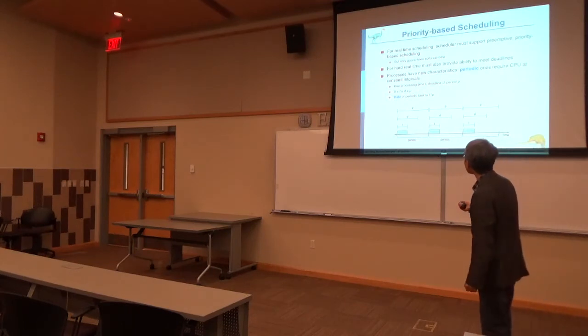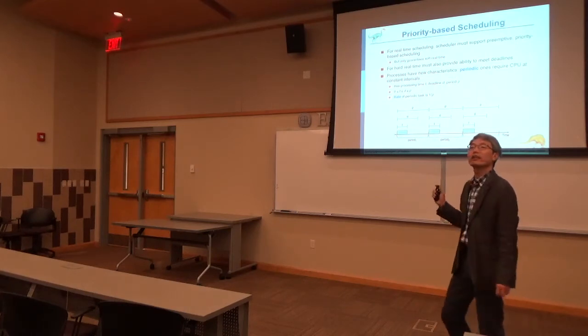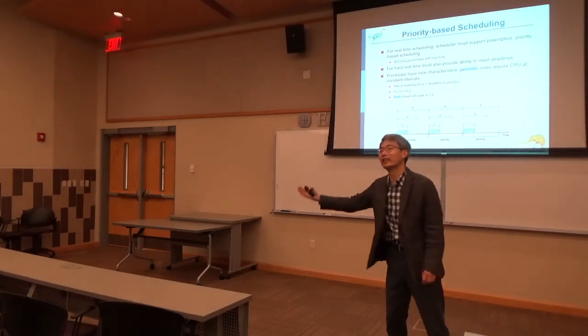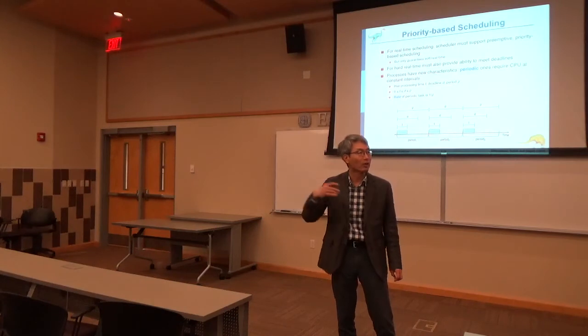Within that period, the process requires time t. That time t should be done within time d. d represents the deadline. Within the deadline, within the guaranteed time, this should work.